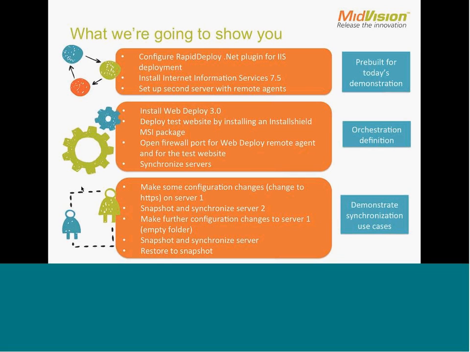And then I've done a bad synchronization, which made the site on server 2 not run anymore. Then I restored the previous state of the website on server 2. So that was the demonstration. Thank you for watching. Feel free to ask any questions.